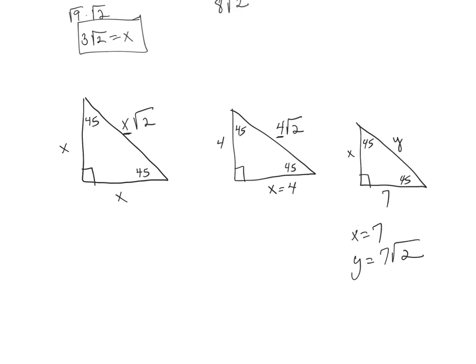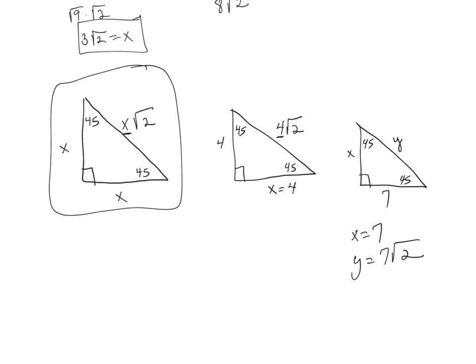So this is unique specifically to 45, 45, 90 triangles. So keeping this in mind, that the legs are always the same length, and the hypotenuse is the length of the leg times the square root of 2, we can use this as opposed to using Pythagoras' theorem to solve for any missing side length.